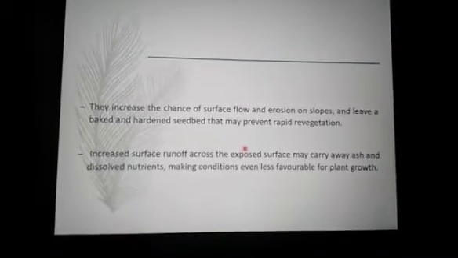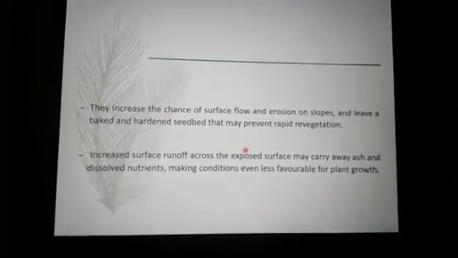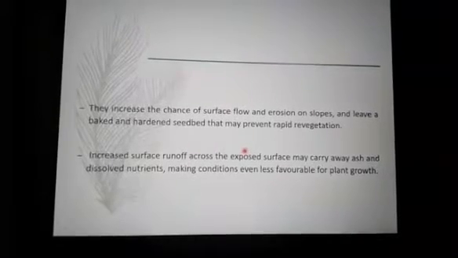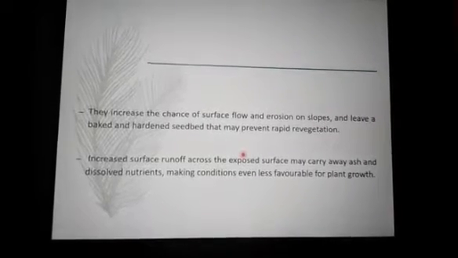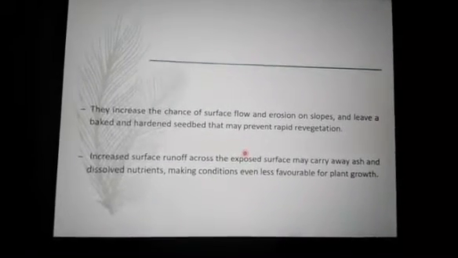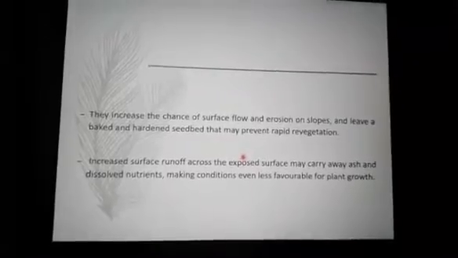So increased surface runoff across exposed surface may carry away ash and dissolved nutrients, making the condition even less favorable for plant growth.